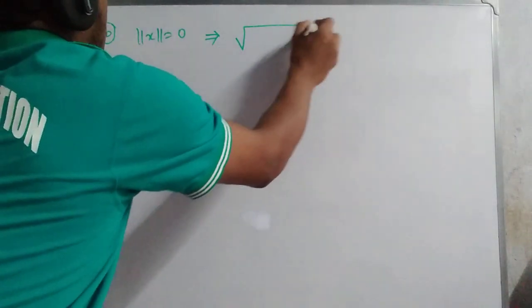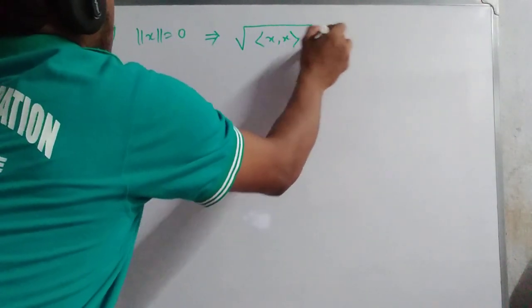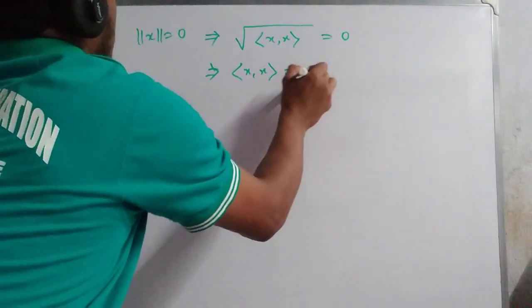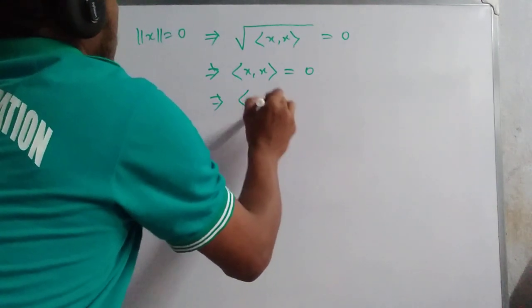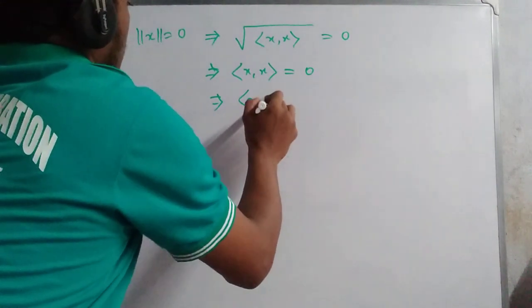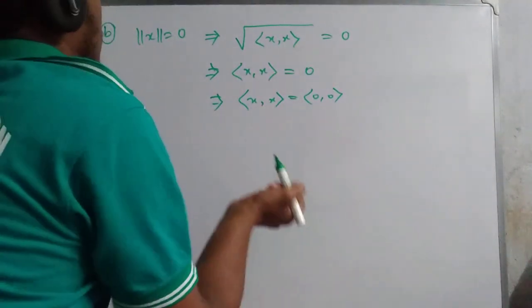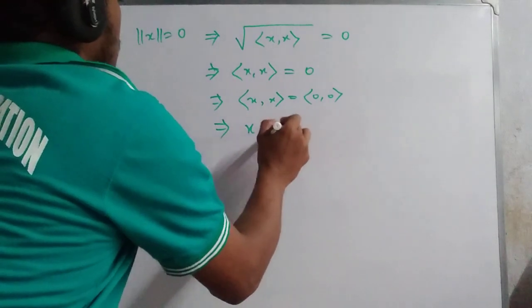Now we also discuss this one: norm of x equal to 0 if and only if x equal to 0. This implies that the inner product of x with x is 0. We can write it this way: (x, x) = (0, 0), then x equal to 0.